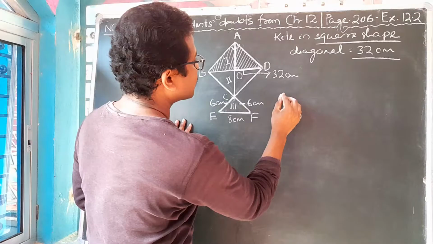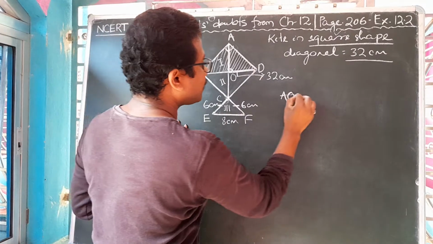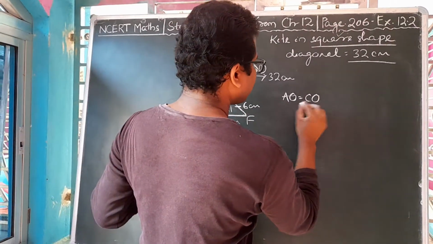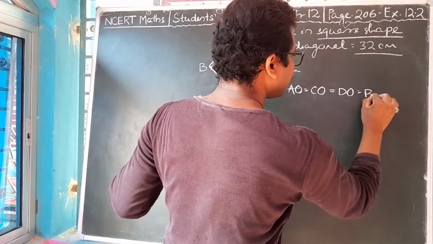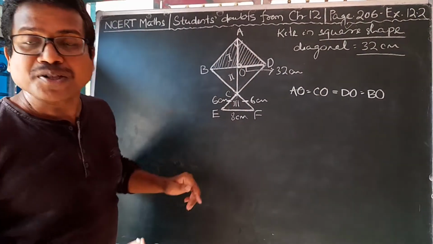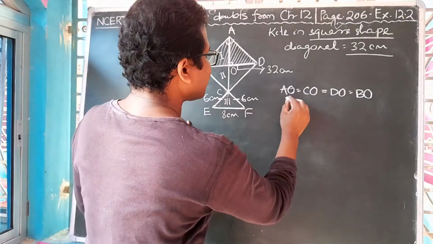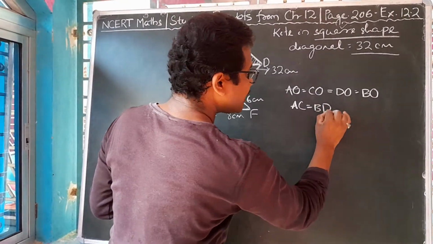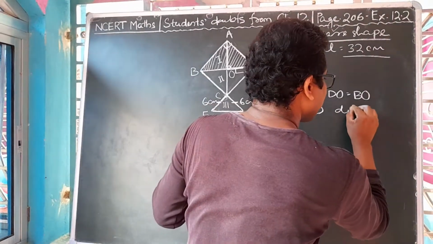Okay, and you know that AO equals CO, and also that is equal to DO equals BO. Also, you know the two diagonals of a square are equal to each other, isn't it? Means AC would be equal to BD, since they are two diagonals of a square.